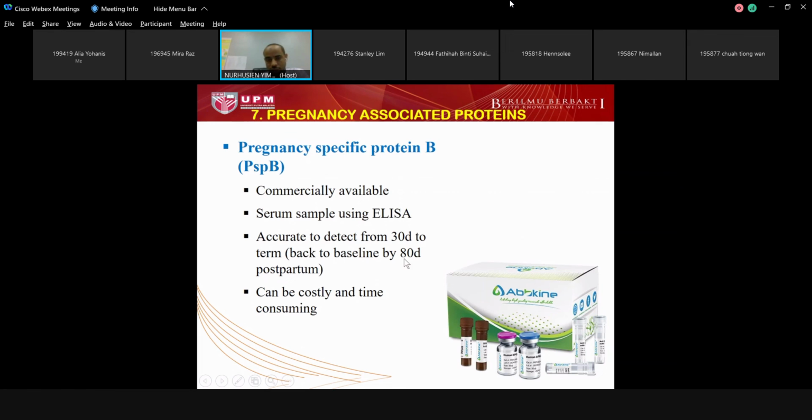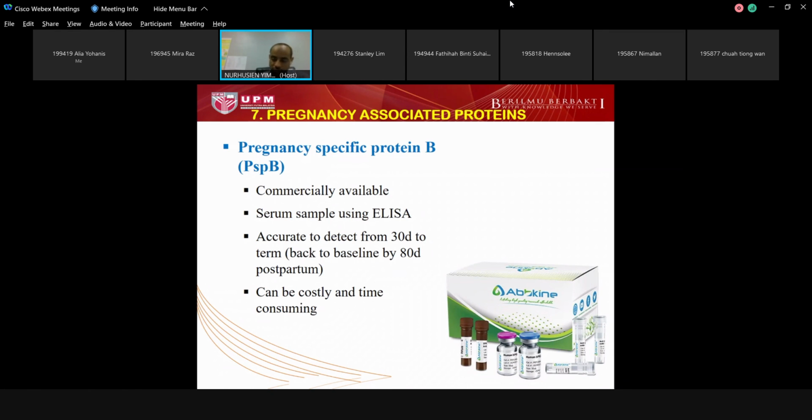of pregnancy. But one important thing here is the level of this pregnancy-specific protein B doesn't drop at the time of parturition. It is still maintained until day 80 postpartum. So this is one of the drawbacks with this test, because with postpartum cows, we expect them to be bred by day 60, right?